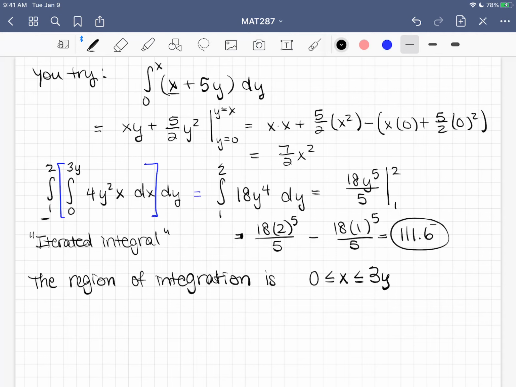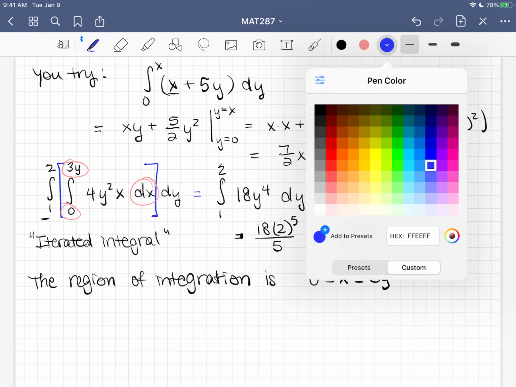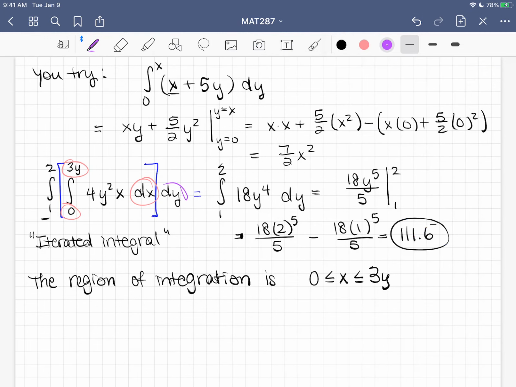So I looked here at dx and the bounds on x. And now let's look at y. Here's y, and the bounds on y. Y went from 1 to 2.